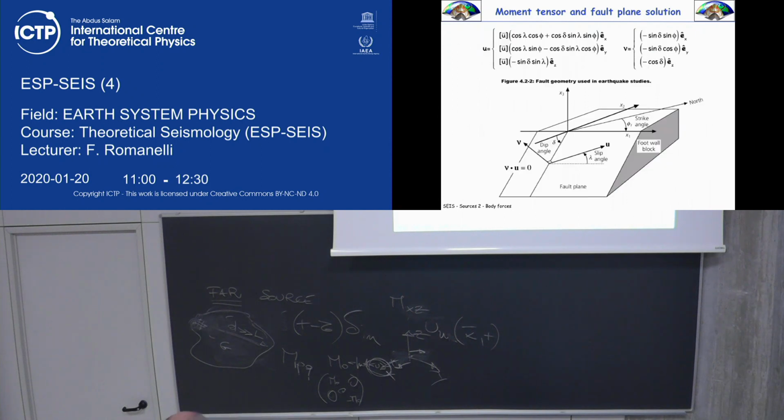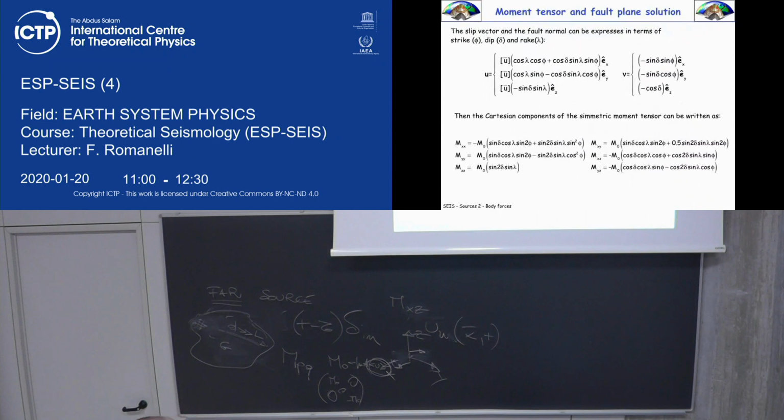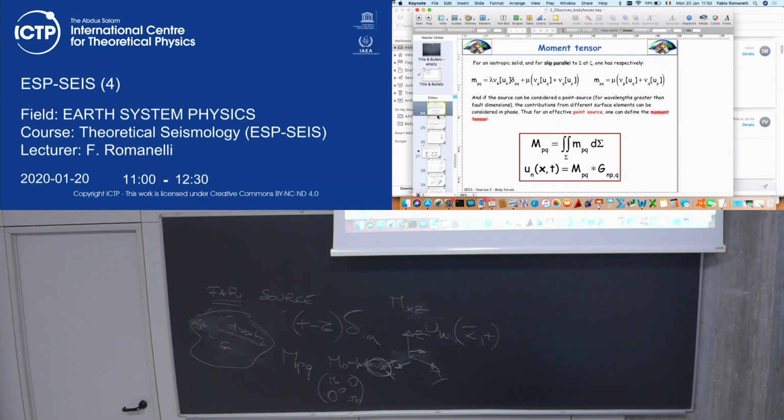We started from a fault: 3 angles plus the amplitude of u. Strike, dip, rake, amplitude of u. Is that fine? We can write u and ni instead of the angles and this. It's the same. U and ni are inside the representation theorem. Do you remember? So we start from this, we plug them inside the representation theorem, and we have to use this expression.